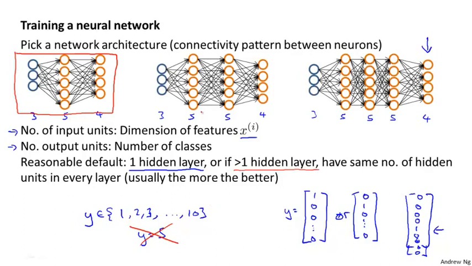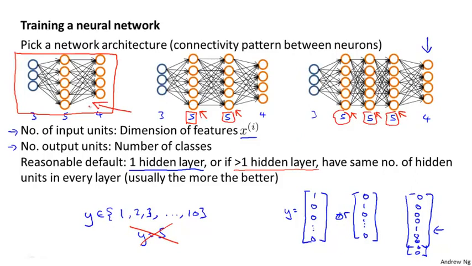So here we have 2 hidden layers, and each of these hidden layers has the same number, 5, of hidden units, and here we have 3 hidden layers, and each of them has the same number, 5, of hidden units. But the network architecture on the left would be a perfectly reasonable default.